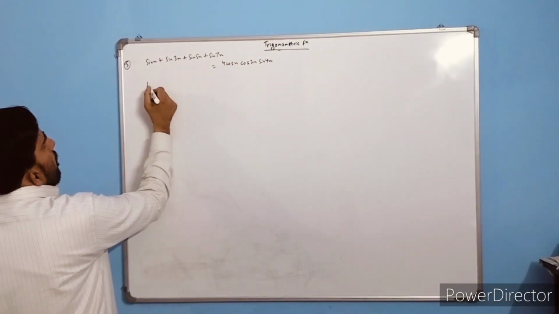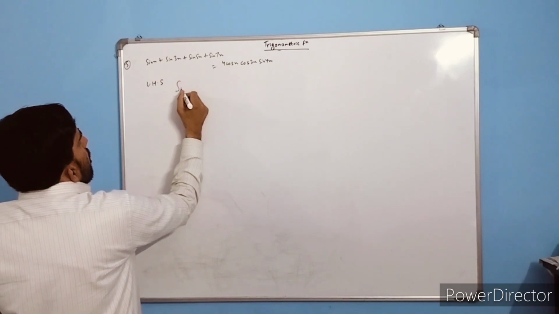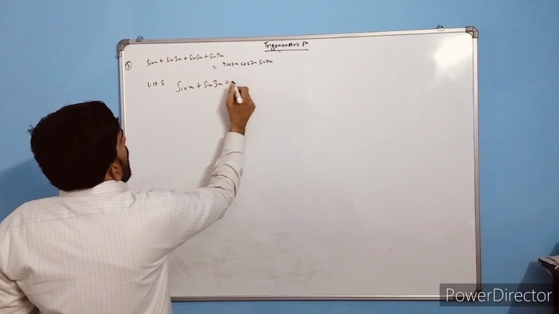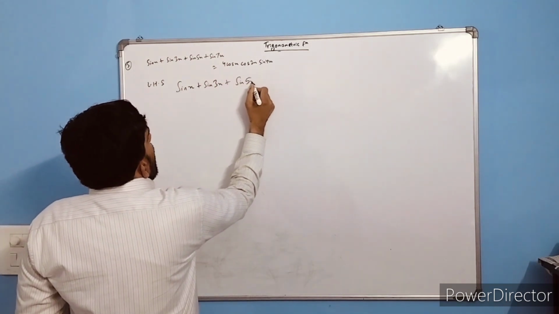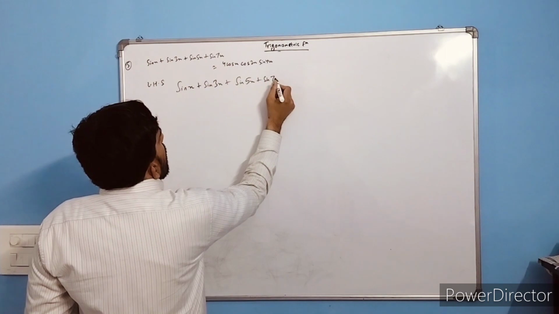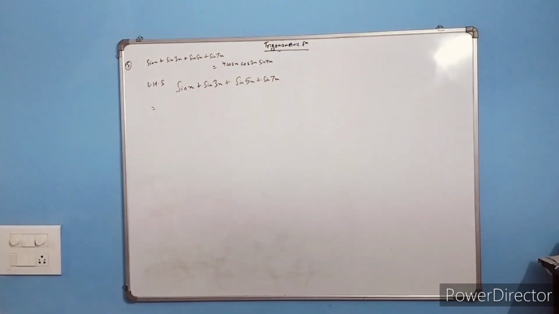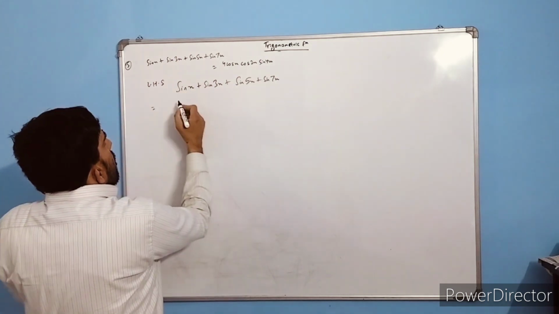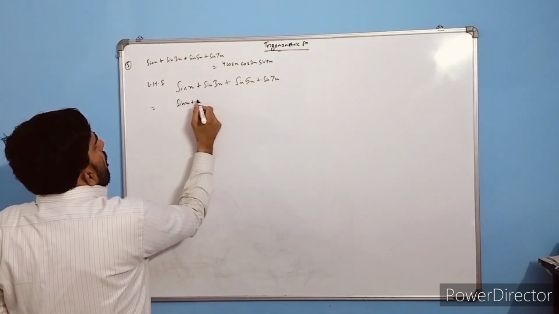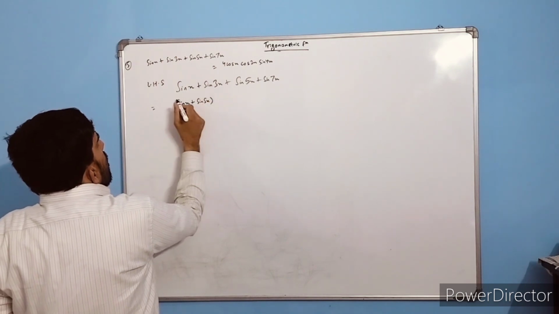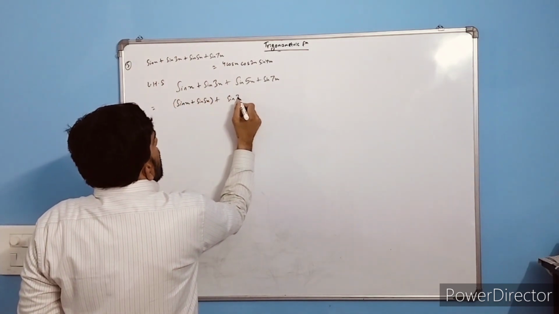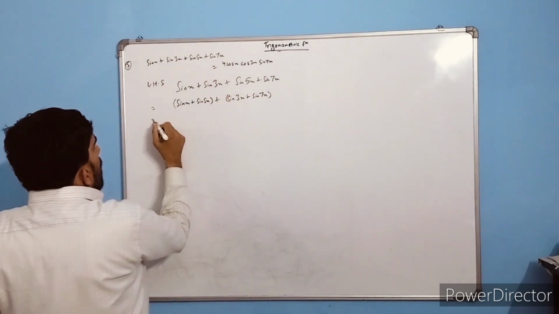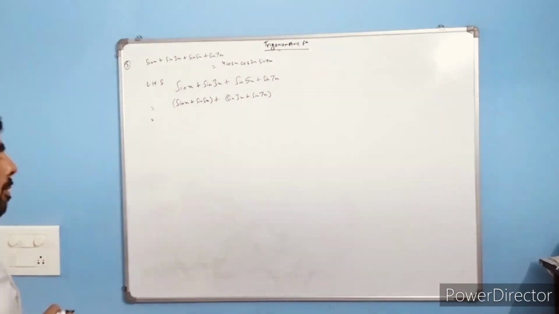First the LHS side. Let us see what is given. Sin x plus sin 3x plus sin 5x plus sin 7x. So now what we can do, we can group sin x plus sin 7x, sin 3x plus sin 5x. Now we'll apply the identity.